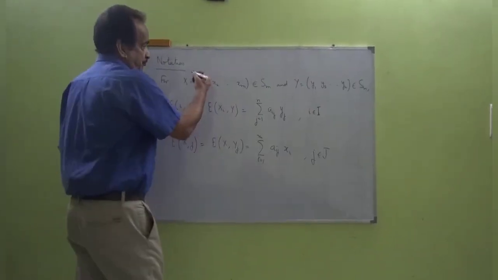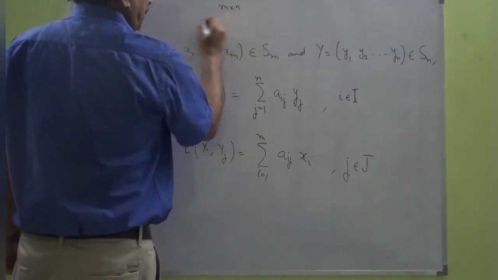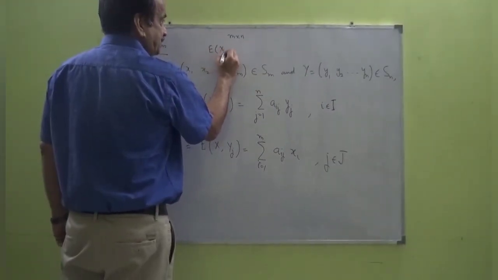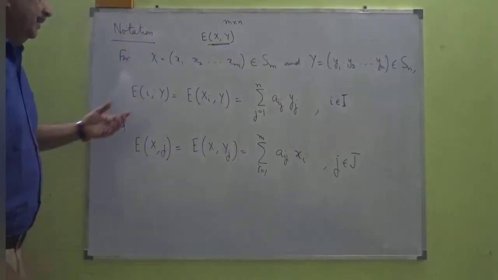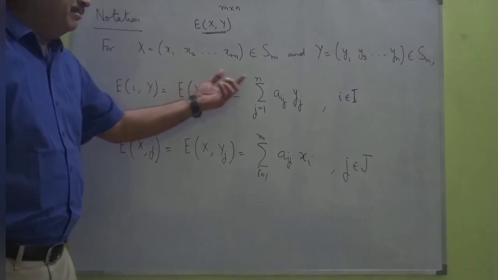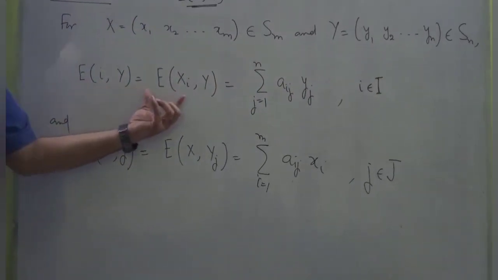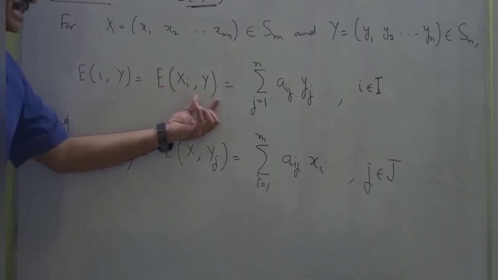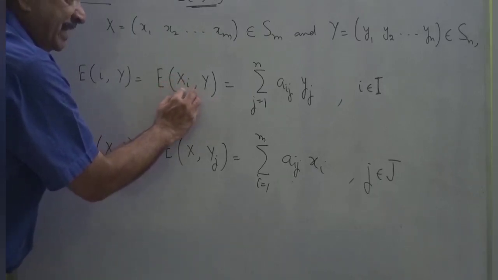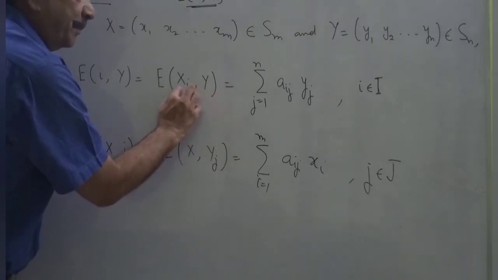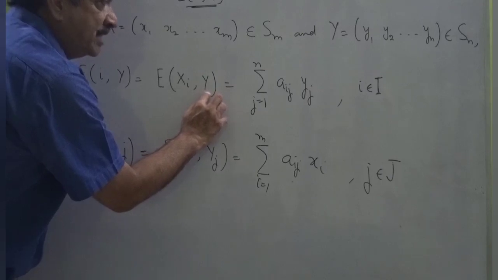We have this notation for an m cross n rectangular game. Let E(x,y) be the expectation function of the game. Then for x in Sm and y in Sn, we define E(i,y) as E(xi,y). It means that P1 is playing the pure strategy xi, whereas P2 plays with y.